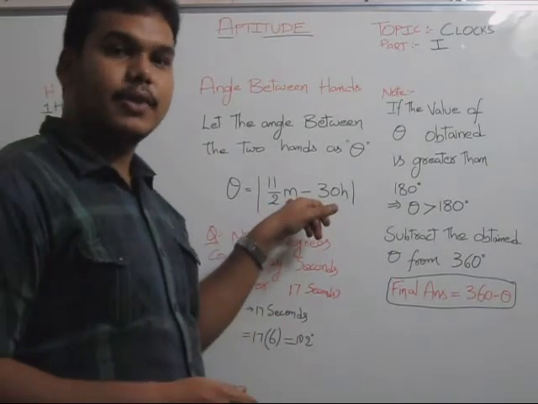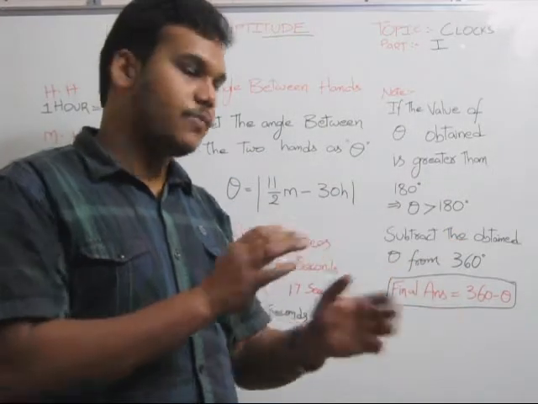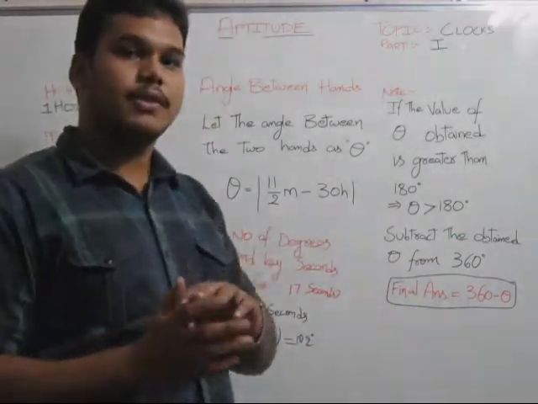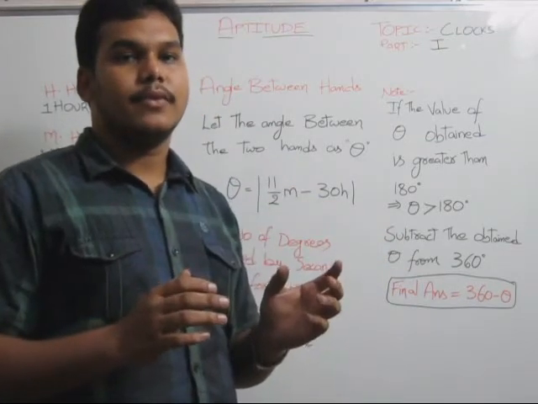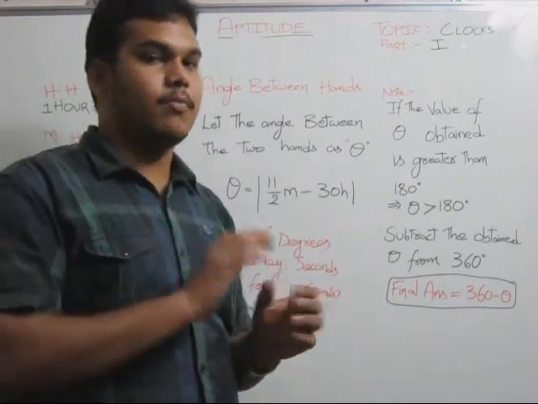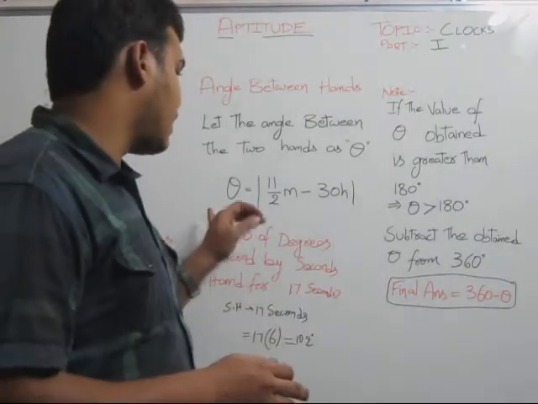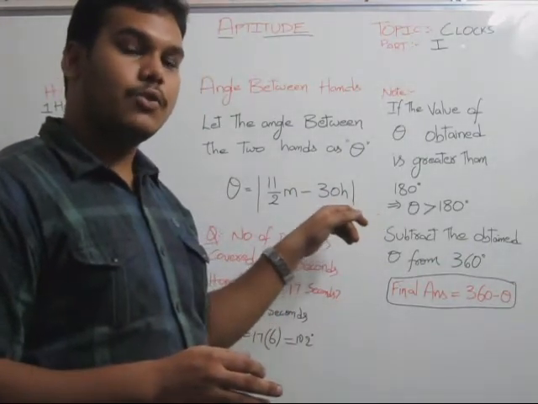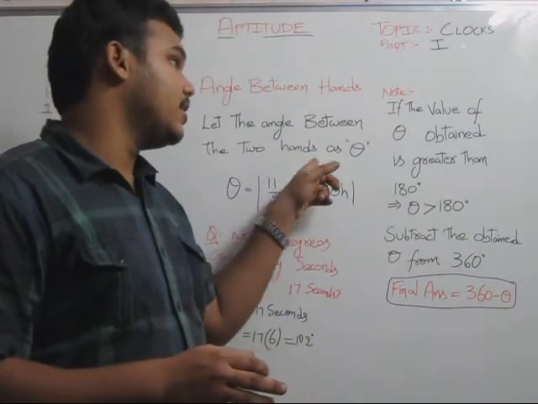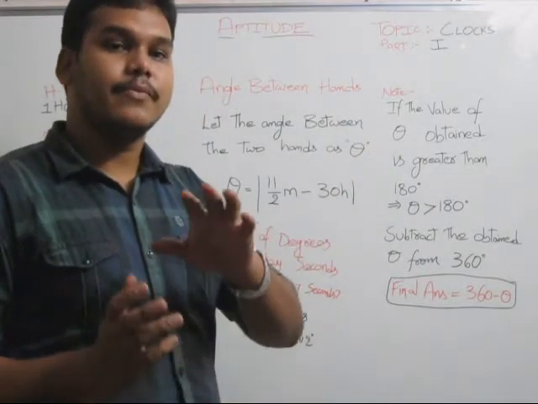Here m represents the number of minutes given in the problem, and h represents the number of hours given in the problem. By solving a problem, you can clearly understand the use of this formula in calculating the angle between the two hands.